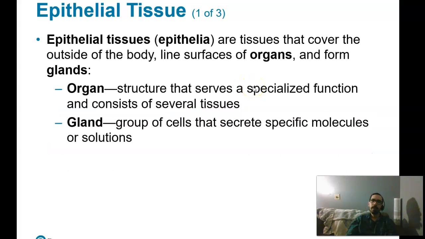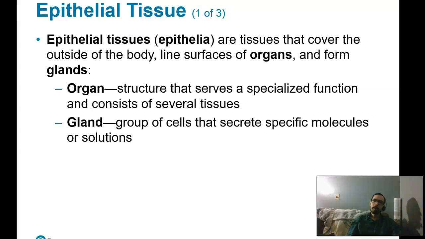Epithelial tissues, or epithelia, which is just plural for epithelial tissue, are tissues that cover the outside of your body and line the surfaces of organs and form some of the glands. An organ is a structure that's specialized for a specific function and it has several types of tissues.